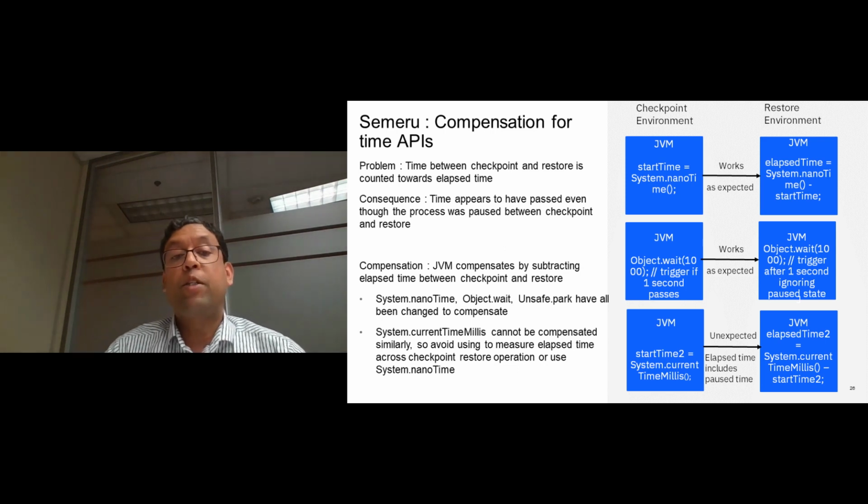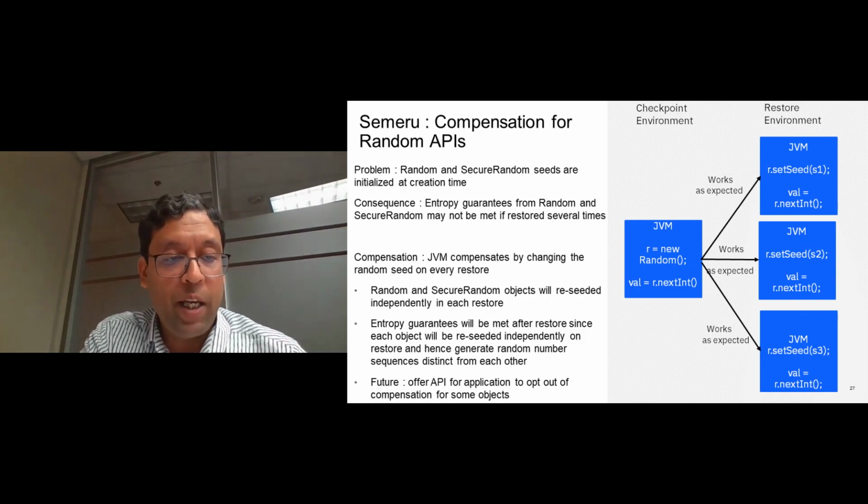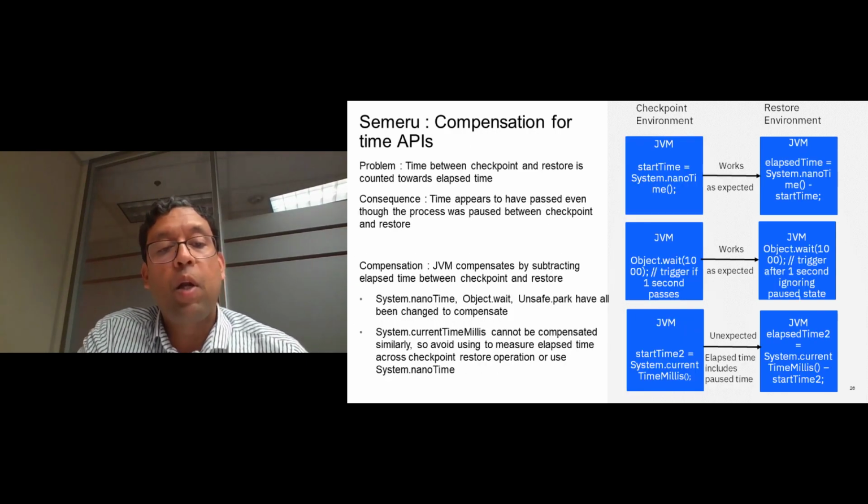You may still get the elapsed time between the checkpoint and the restore still getting counted if you're using current time millis across this sort of boundary. But you can get around that by using, say, nanotime, or if you're no longer using current time millis across that point.